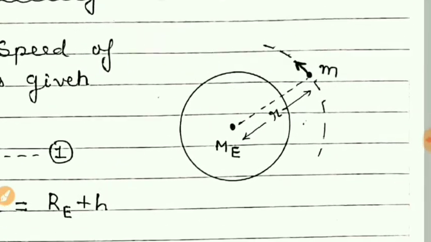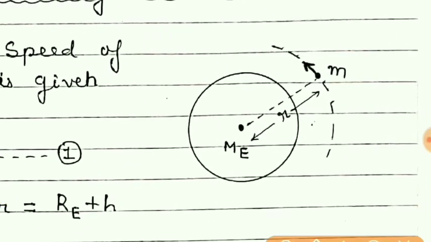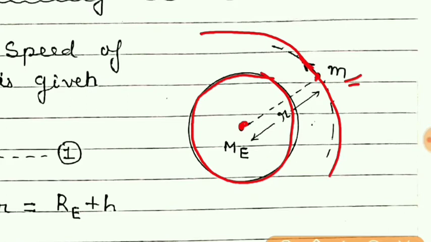Now students, here in the figure you can see this is the earth and this point is the center of the earth, and a satellite of mass small m is orbiting the earth. The distance of this satellite from the center of the earth is taken as small r.